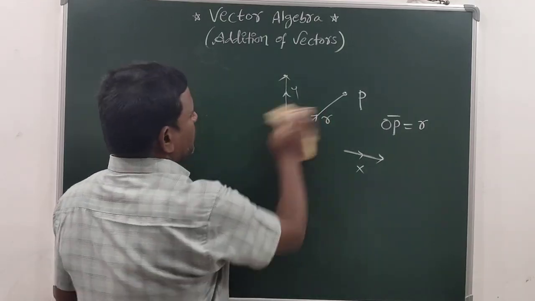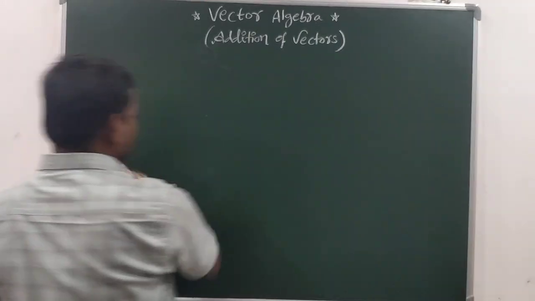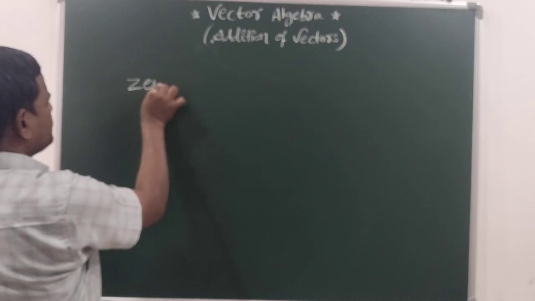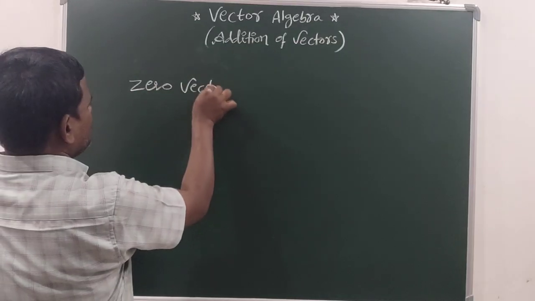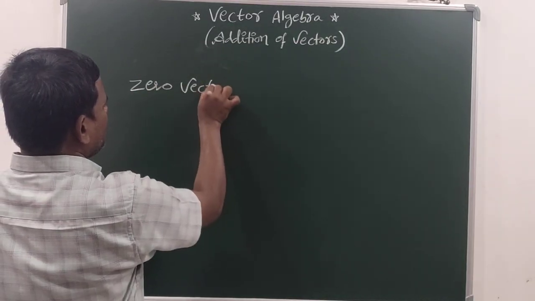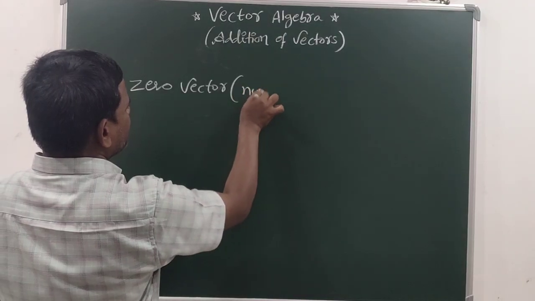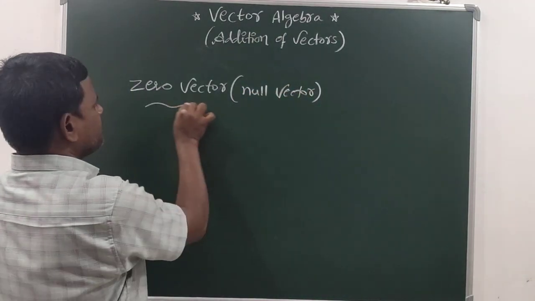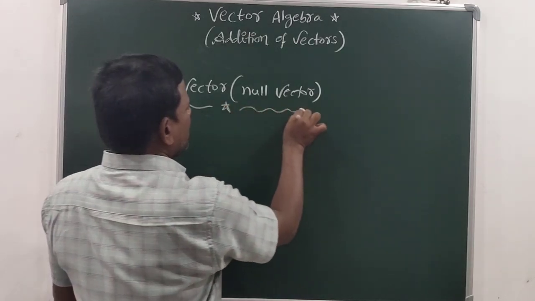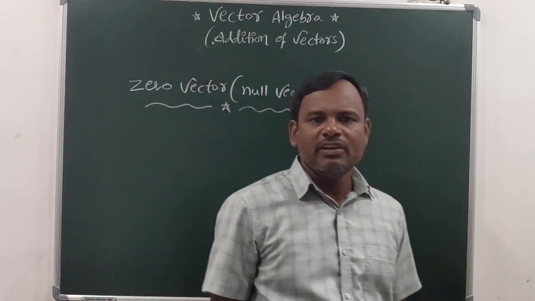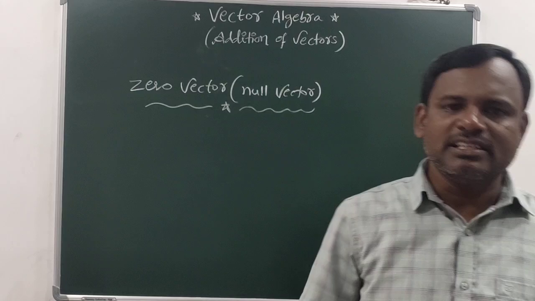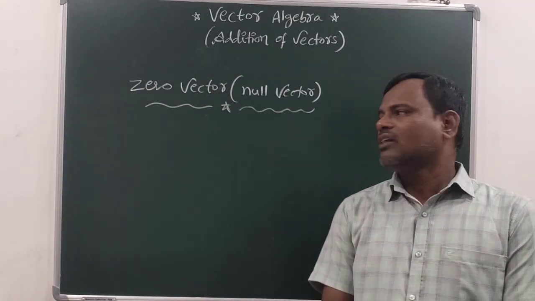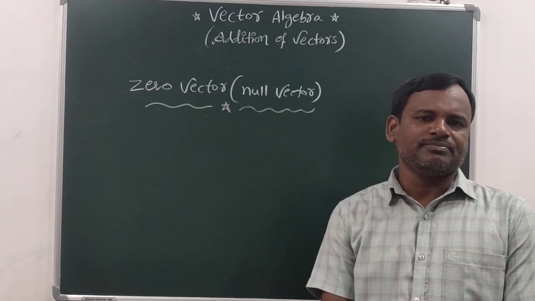Right? Now let us learn the meaning of a zero vector. Zero vector, or you can also call it a null vector. A vector having its magnitude as 0 is known as a null vector, or you can call it a zero vector.